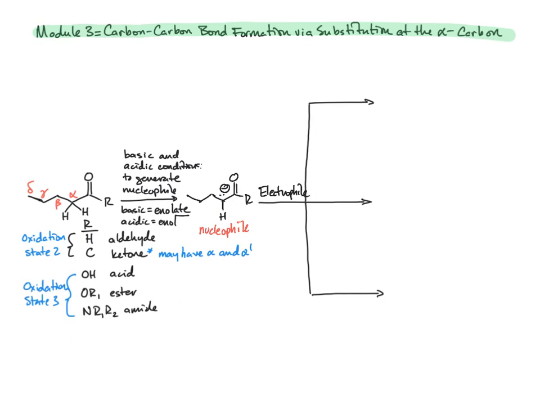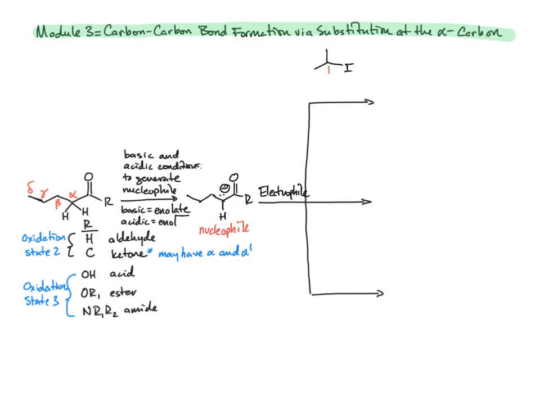So I'll show 3 examples here of electrophiles based on the starting oxidation state. In the first top example, if we were to use the following electrophile, say 2-iodopropane, the carbon bearing the halogen is at oxidation state 1.